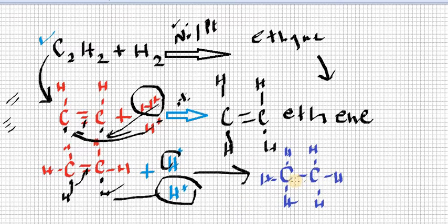Now we have only a single bond, and there are two carbons, so we write eth, and since it's only a single bond, we write ane. So this reaction can be used to convert ethyne to ethane. First ethyne is converted to ethene, the bond will break here, then ethene can be converted to ethane. This is known as addition of hydrogen. We have just added hydrogen here, so this is also known as catalytic hydrogenation.